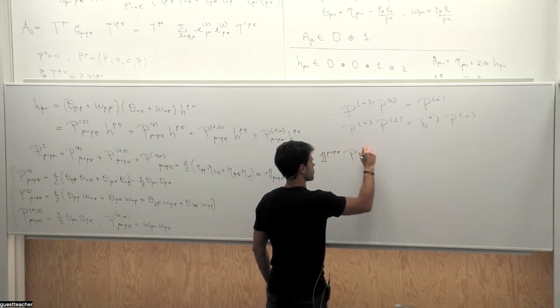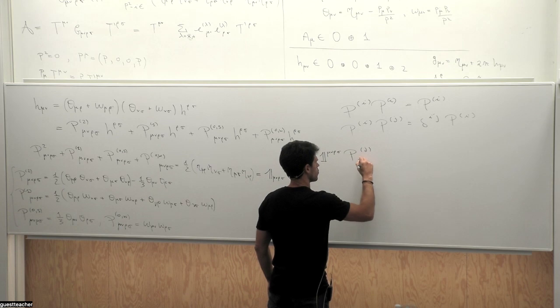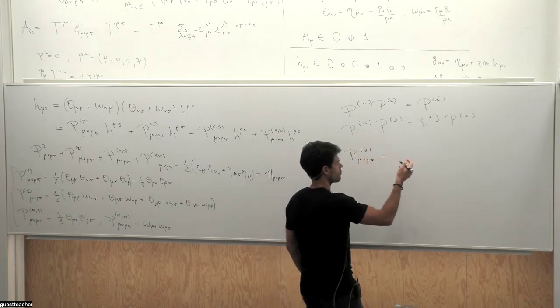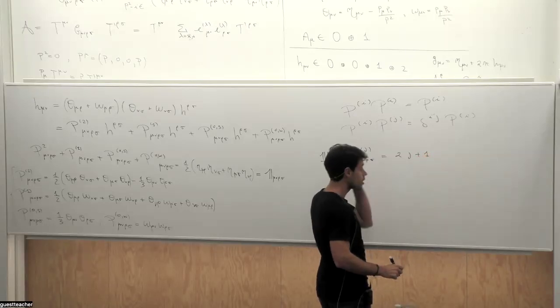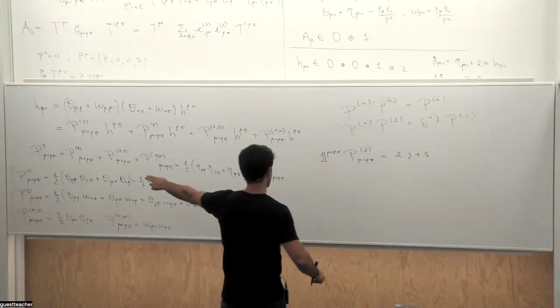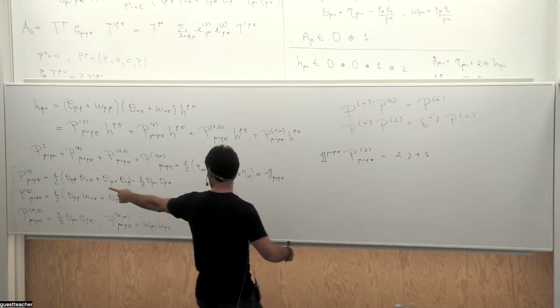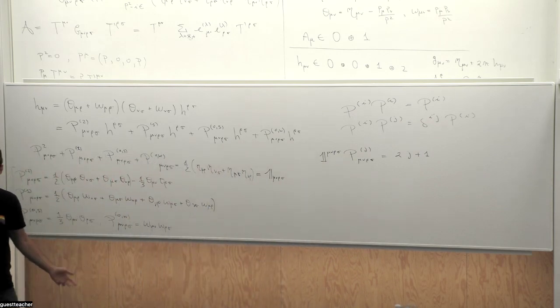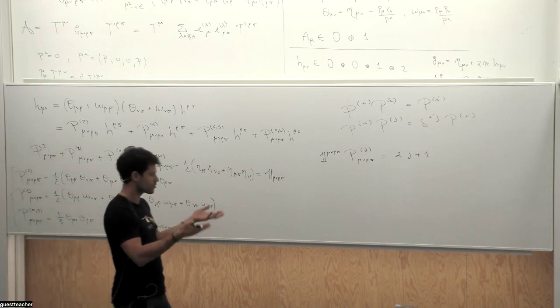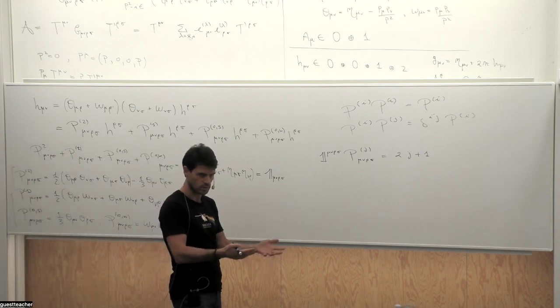Mu, nu, rho, sigma. You will get 2j plus 1, always. When you have 2, you will get the spin 2. When you get 1, you will get the spin 1. And for the 2 spin zeros, you will get the spin zeros. So that's why these projectors really project on these components.